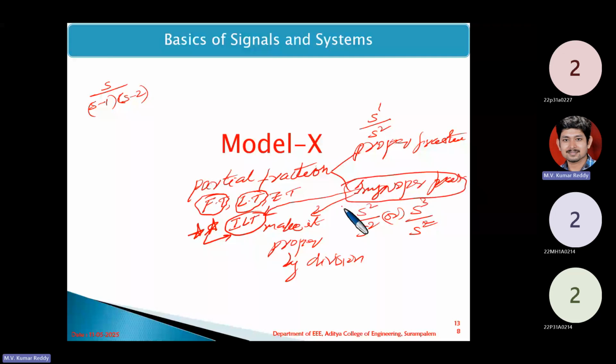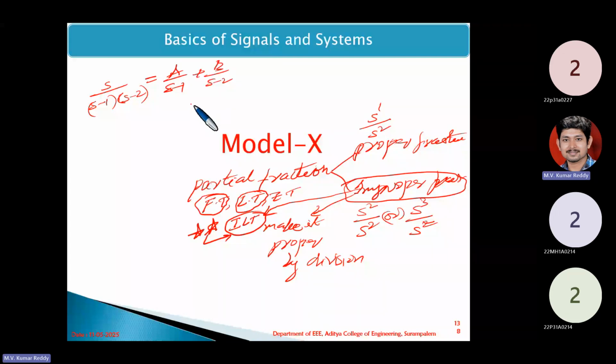They will give one improper fraction, and you have to make it proper, apply partial fractions, and find the inverse Laplace transform. That's why I am taking s by (s minus 1)(s minus 2). So this can be written as A by (s minus 1) plus B by (s minus 2).